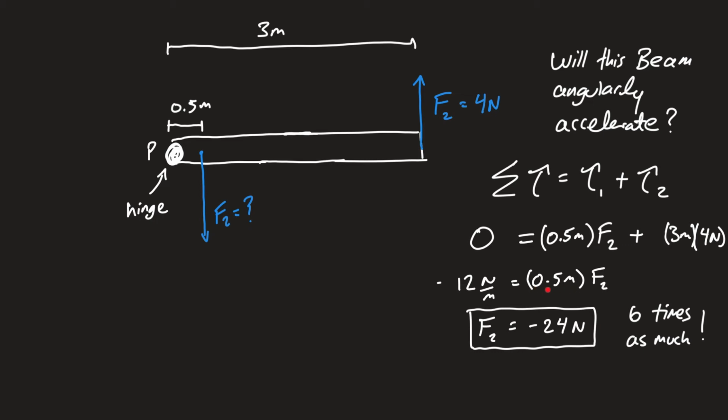And if you're half of a meter away, then the math works out to be a very large force of 24 newtons, 6 times as much. So I've drawn that here. I don't think I got it exactly right, but this arrow should be 6 times as long as this other arrow over here. Great, and then you can also realize that in terms of distance from point P, can you figure out why this number 6 is showing up?